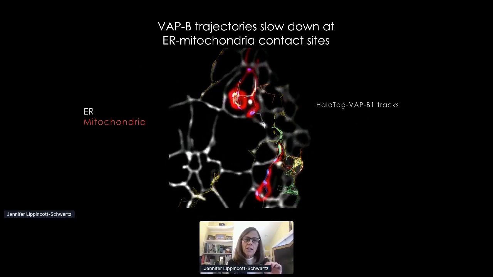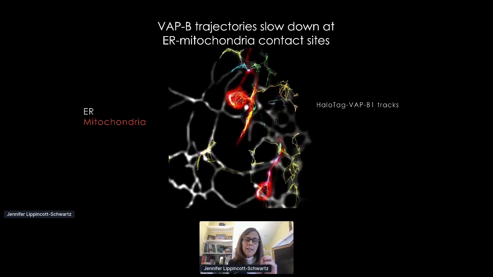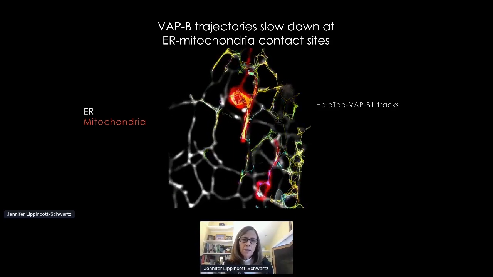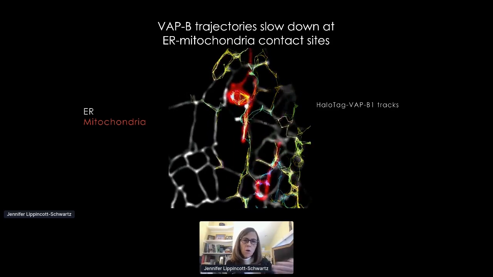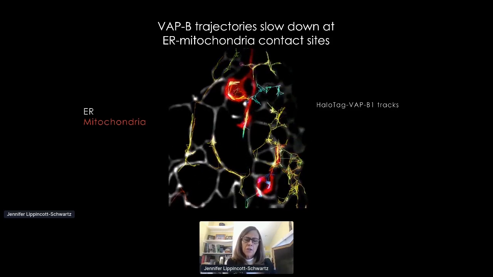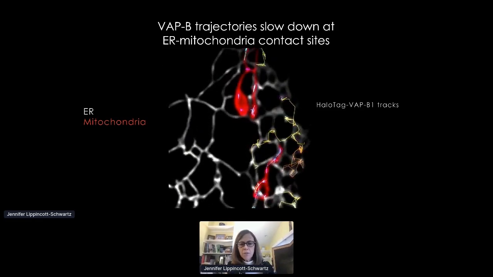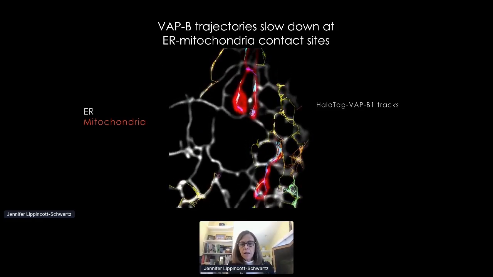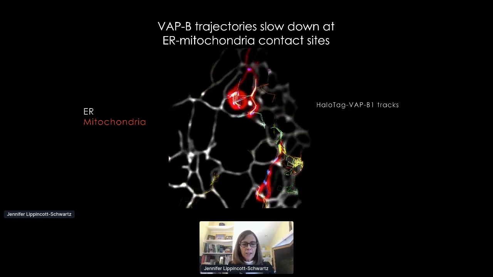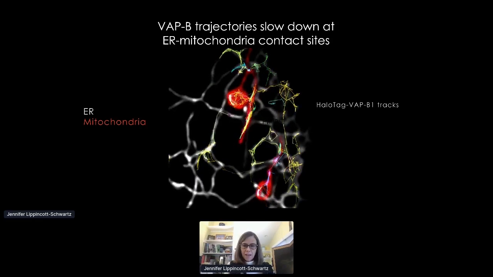Now, those altered trajectories are coinciding precisely with sites where VAP-B is interacting with mitochondria. And we can see that by introducing both an ER and a mitochondrial marker together with our VAP-B single particle tracking. And what you can see in these movies is that when VAP-B comes into regions where the ER is contacting the mitochondria in red, it slows down dramatically.